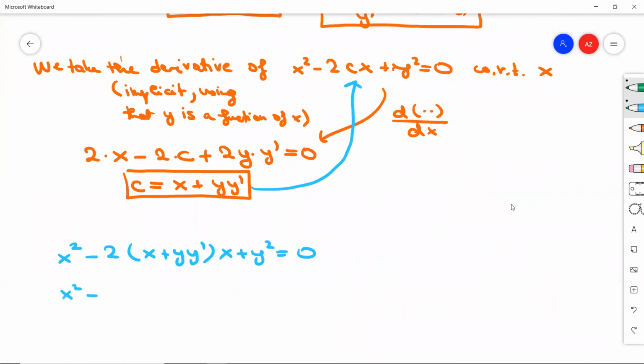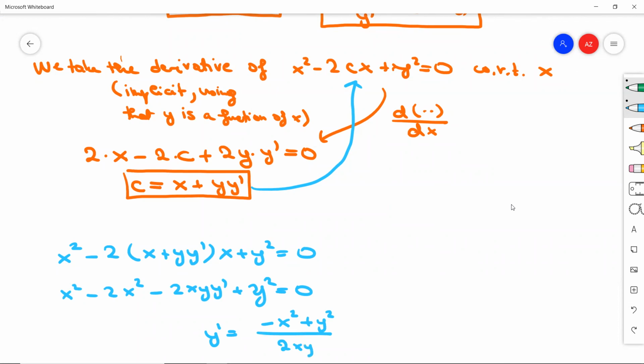So x squared minus 2x squared minus 2x y y prime plus y squared equals 0. And then y prime is equal to minus (x squared plus y squared) over 2xy. So this is the differential equation.